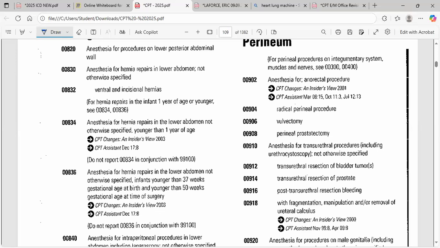Performed by the medically directed CRNA. So we have to see now whether QX is applicable or not. QX is for a service given by the CRNA under medical direction. So we have to use QX also.